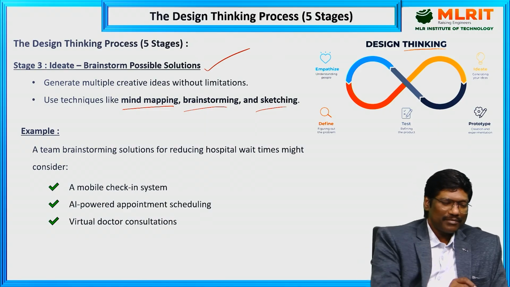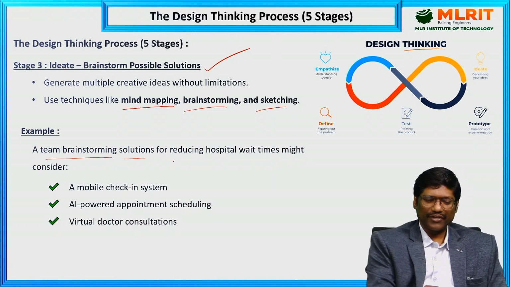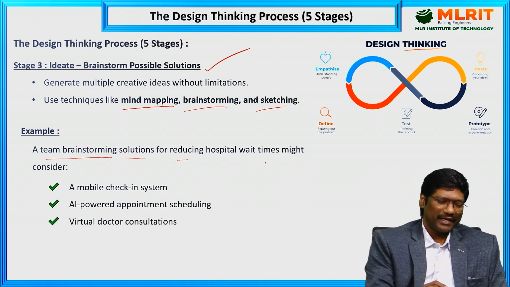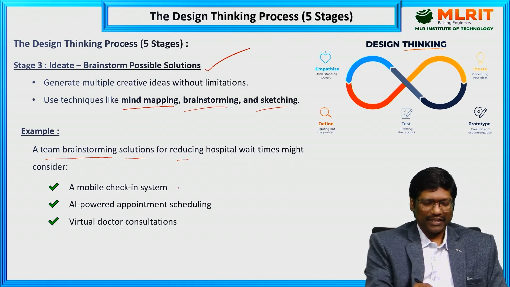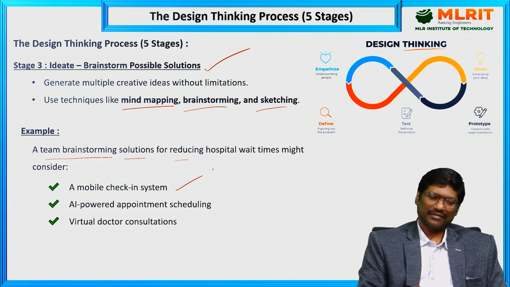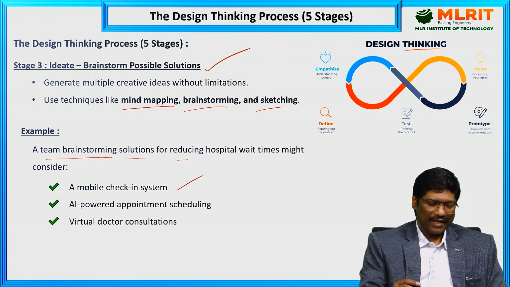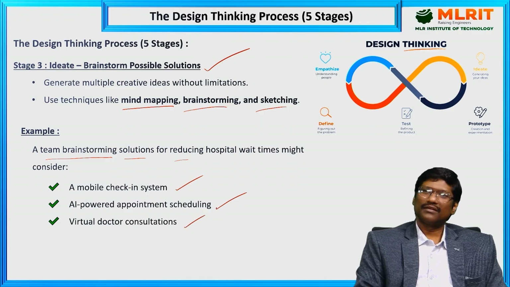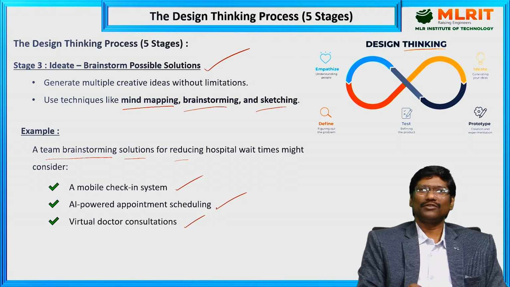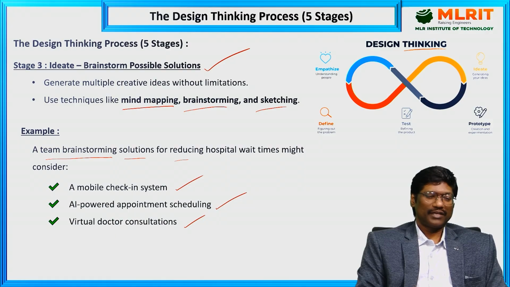One example is a team brainstorming solutions for reducing hospital waiting times might consider a mobile check-in system, AI-powered appointment scheduling, virtual doctor consultations. These are some of the possible solutions that might come up through brainstorming or any other technique.